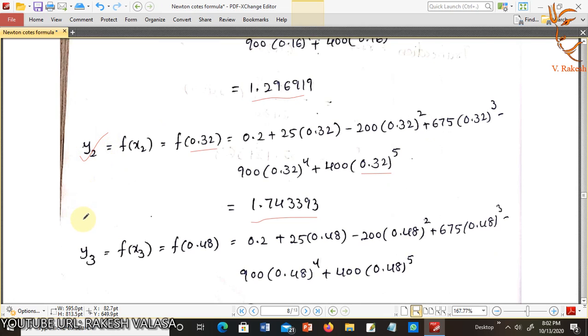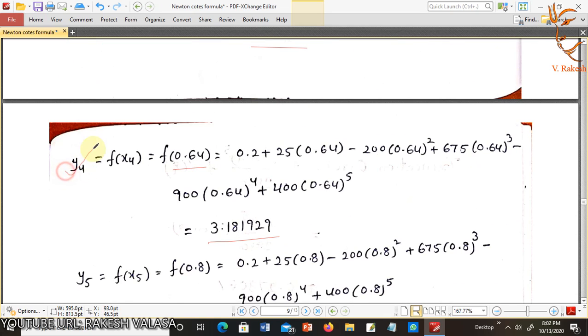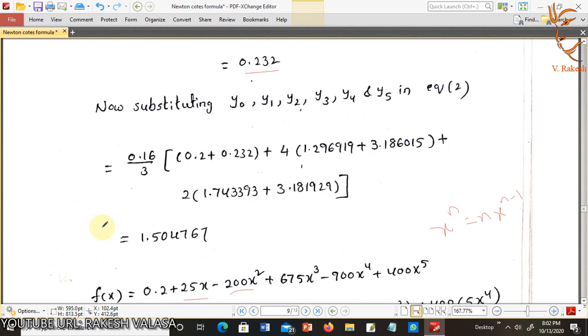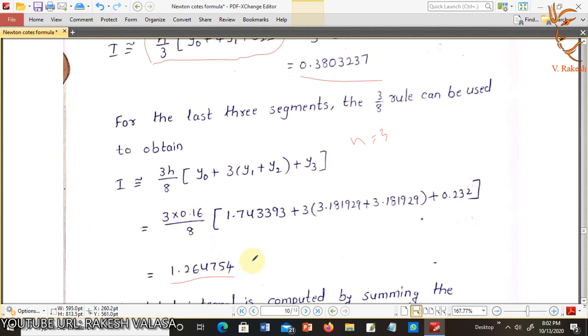For the last three segments, this is the y naught, this is the y1, this is the y2. For the last three segments, the 3 by 8 rule can be used to obtain this value, that is 1.264754.